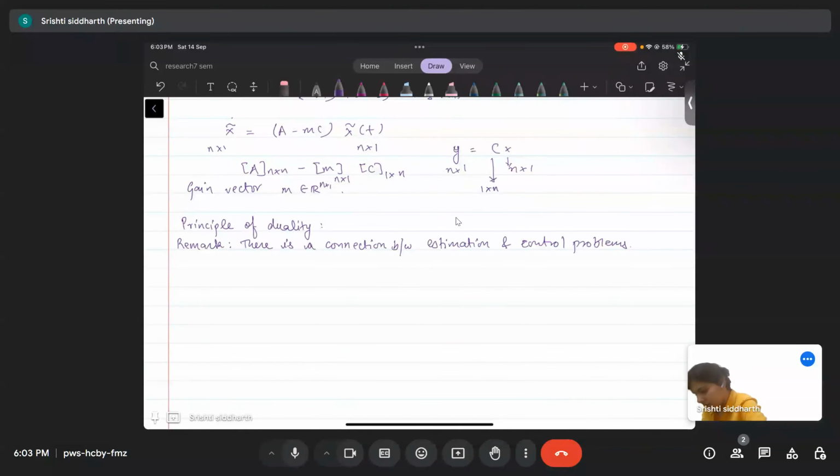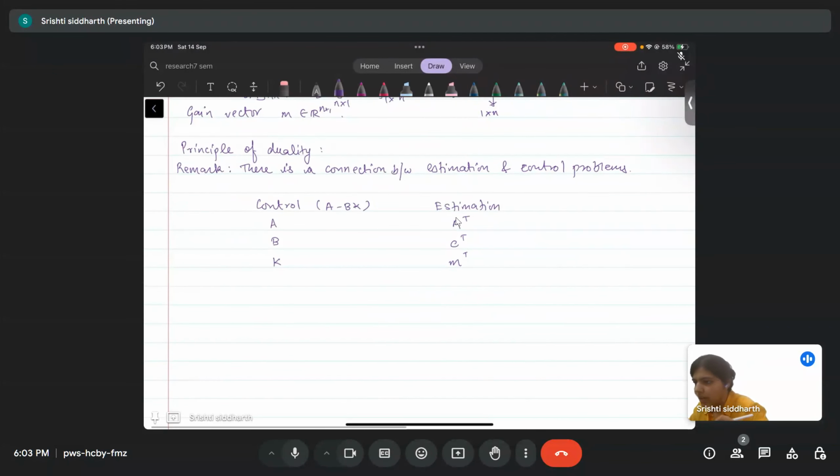For pole placement, you have to compute the gain vector K such that A minus BK has desired eigenvalues. So we need A, we need B, and we need K. For estimation purposes, as we have seen, we need A, we need C, and we need the gain vector M. From the principle of duality, we should take these as transposes. So this is Ackermann's formula.